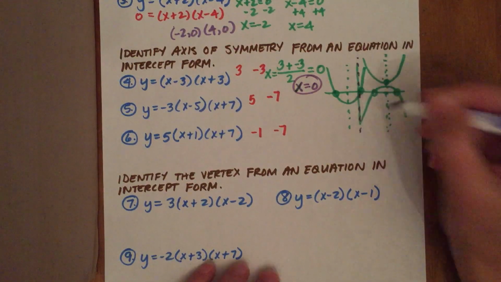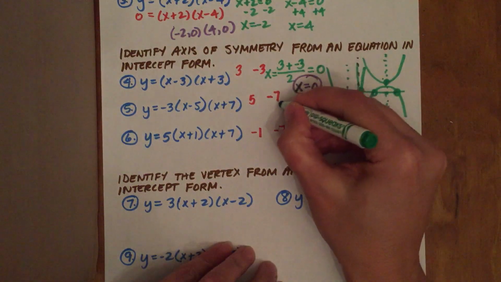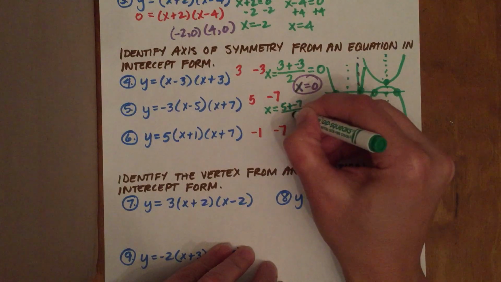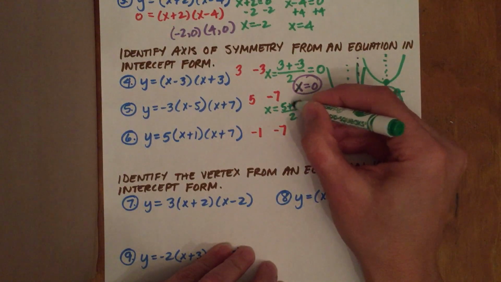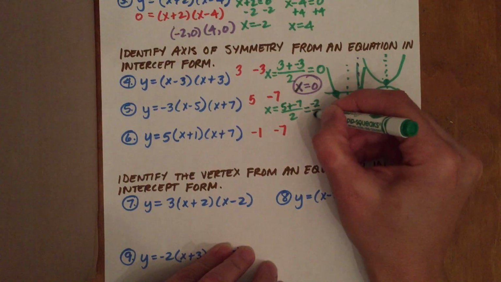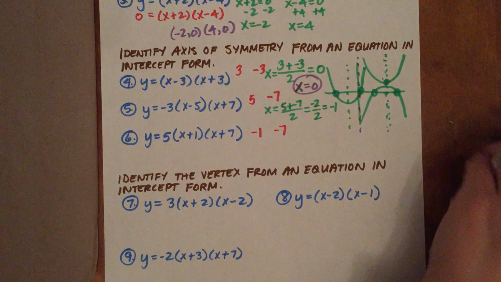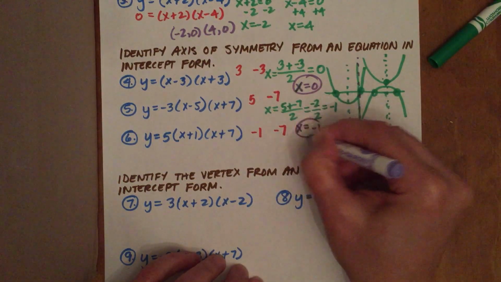So it'll be through here. On the second one, we have 5 and -7. So x equals 5 plus -7 divided by 2. -7 plus 5 is -2, so I've got -2 over 2, which is -1. So the axis of symmetry for number 5 is x equals -1.